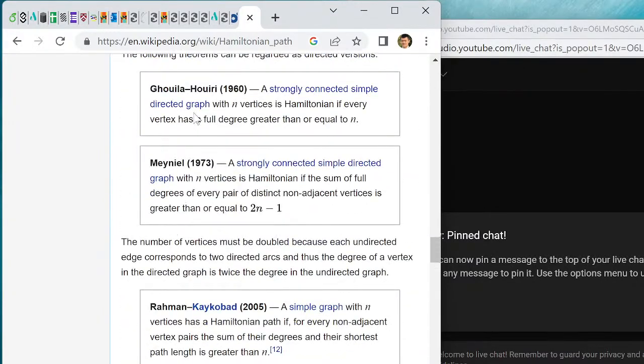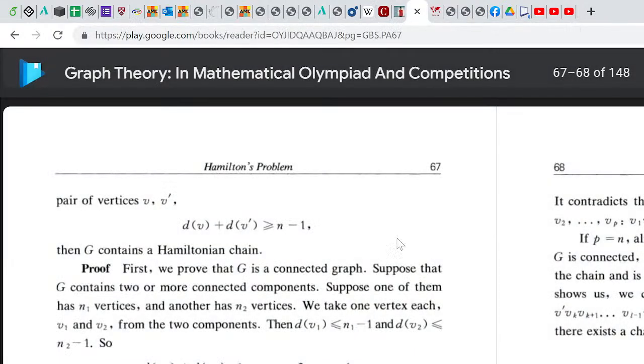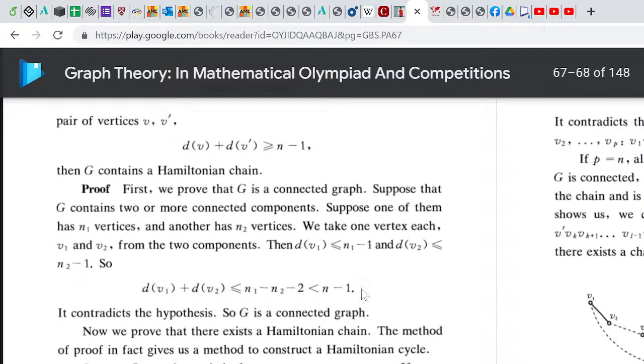Okay, so we don't really have a name for this result, or maybe it's a nice exercise for us to read.